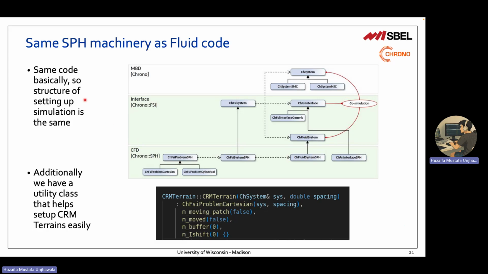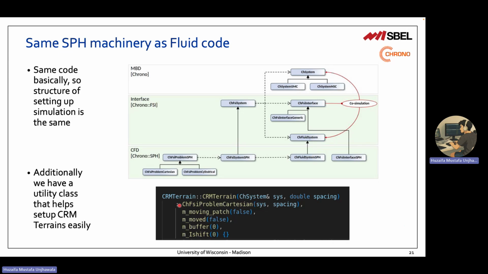So it's the same code base. You're just solving one extra equation and you have this post-processing thing. So all the structure things that I talked about, like the class structure, remain the same. If you want to use CRM terrain, you don't need to, but I would advise you to use this CRM terrain class, which makes things even easier.